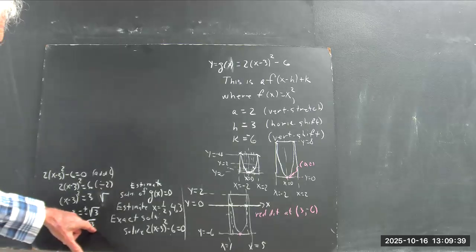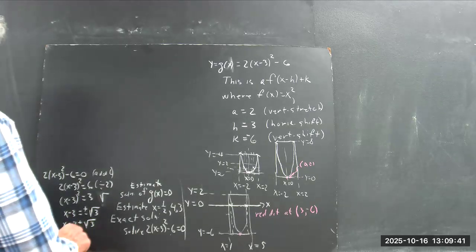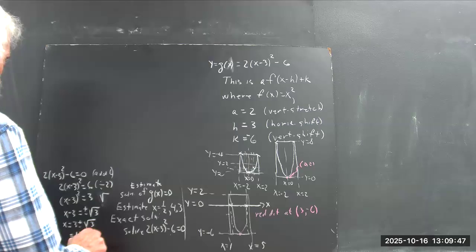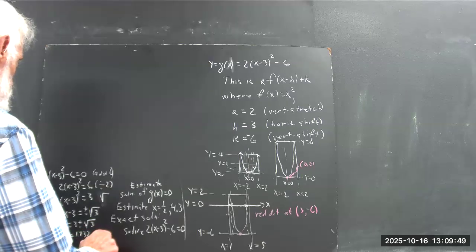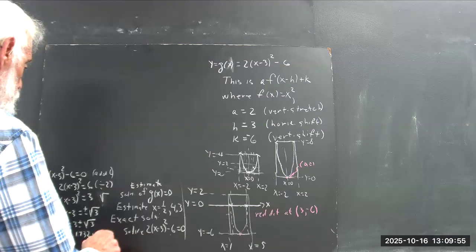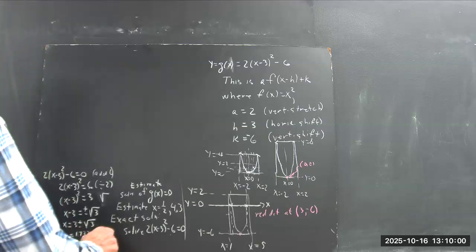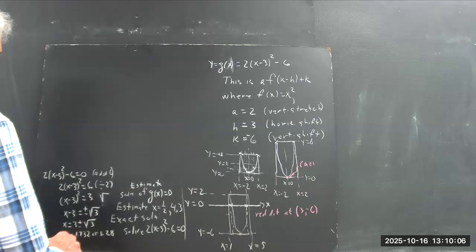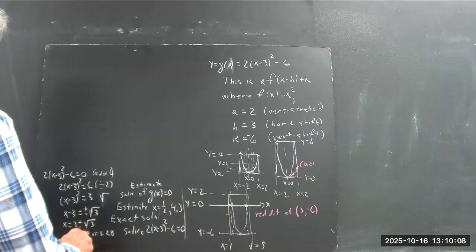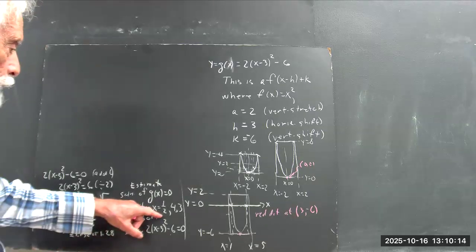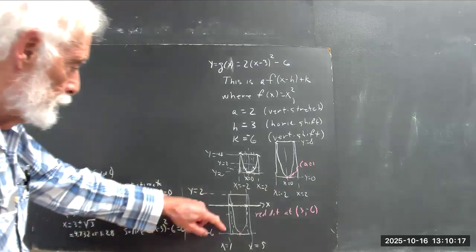And the plus gives me 3 plus 1.732, or 4.732, or 1.28. Now, when I estimated x equals 1/2 here, that was ignorant because this is x equals 1.